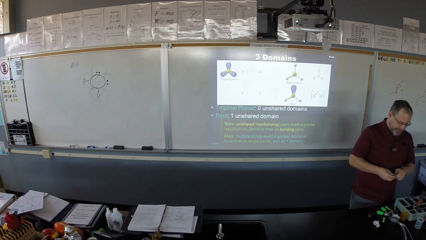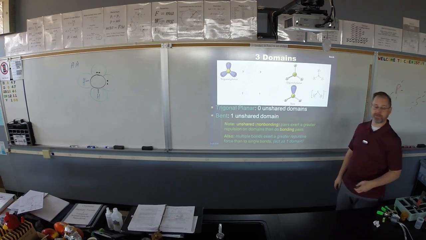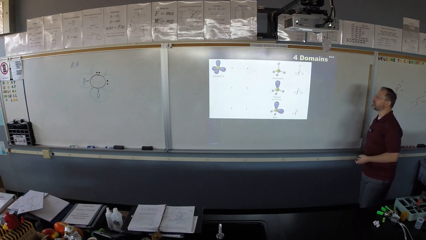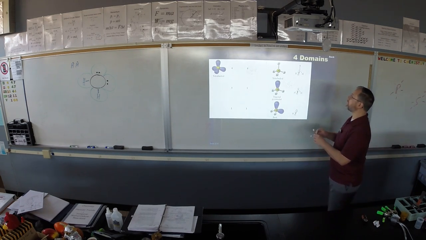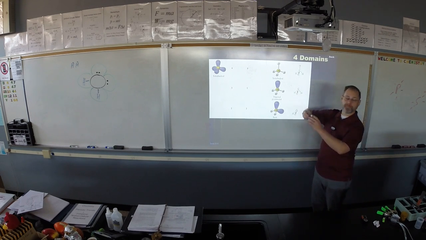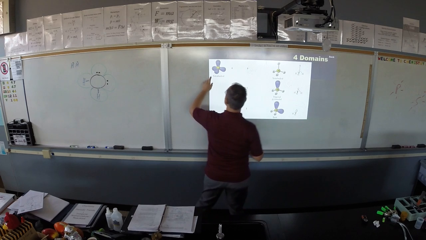Okay. Now, if you have 4 domains, and all of those domains are bonding, then your molecular geometry will be tetrahedral, just like your fundamental geometry. So if you have 4 domains, no matter what they are, the fundamental geometry is tetrahedral.